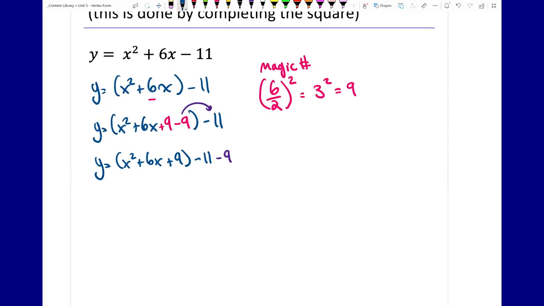Now that bracket is going to be a perfect square trinomial. So x and 3, so the square root of the first term, square root of the last term, the sign between the first two, so x plus 3 squared, oops, not cubed, x plus 3 squared, and then minus 11 minus 9, I get minus 20.